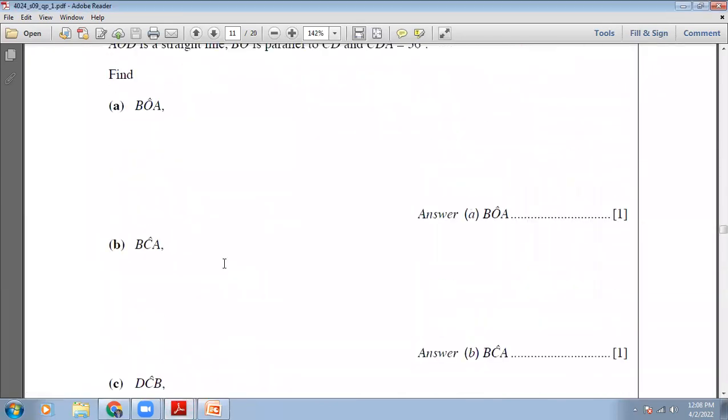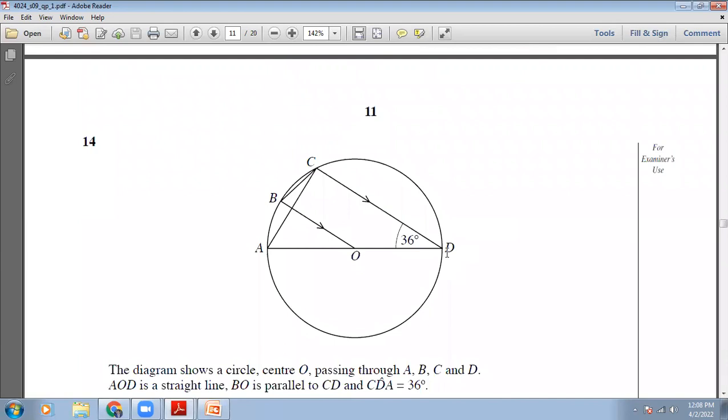Then we have part C. They want you to find DCB. I know this angle: DCA is supposed to be 90. Why? Because this is the diameter. When the diameter goes to the circumference, the angle here is 90. We say right angle in the semicircle.